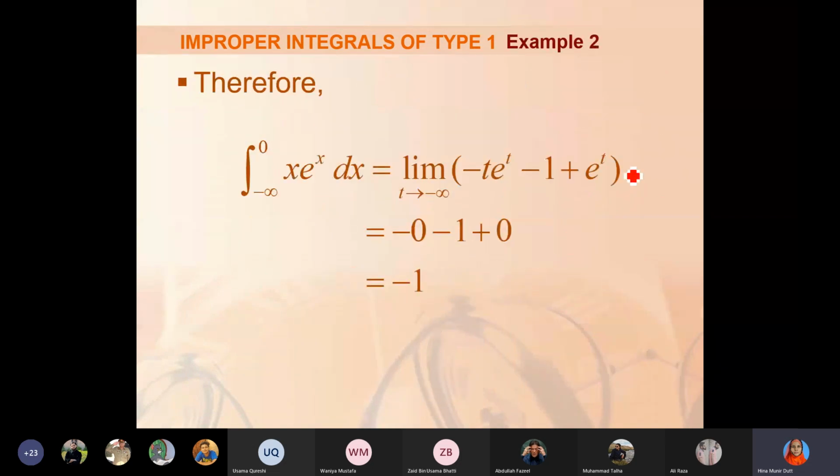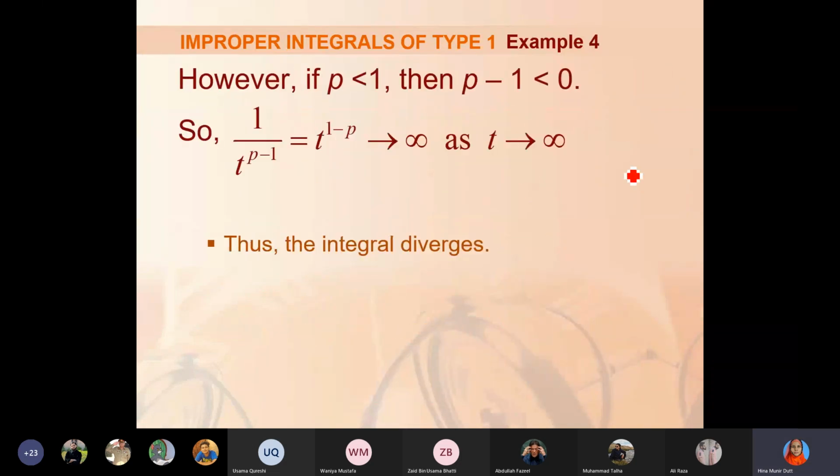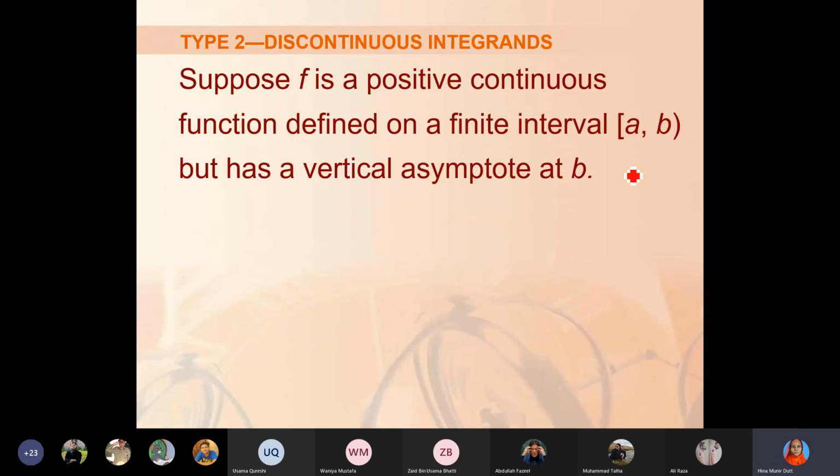So now we will move towards the improper integral of type 2.